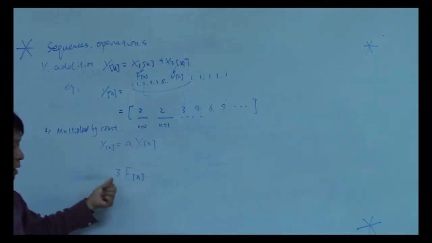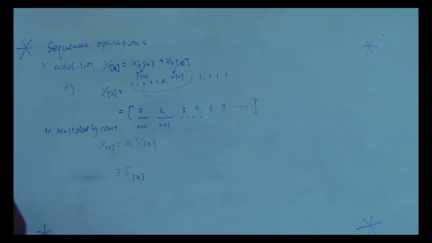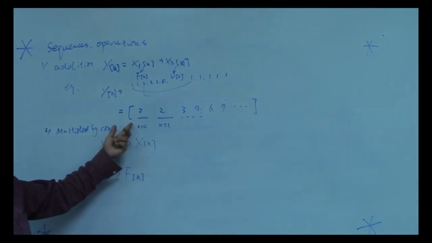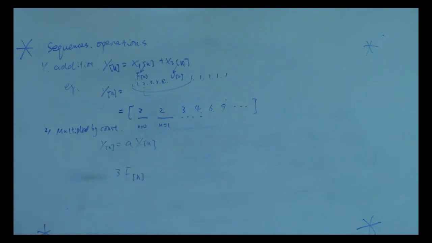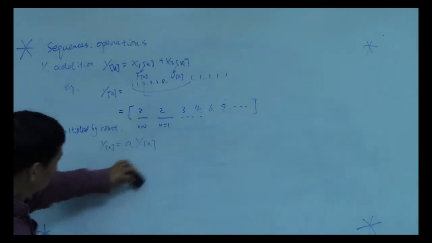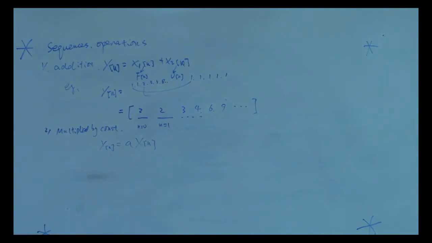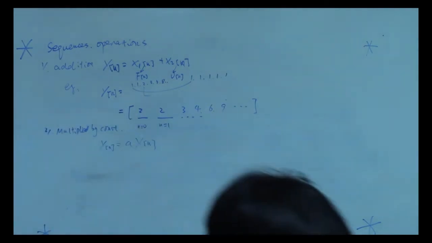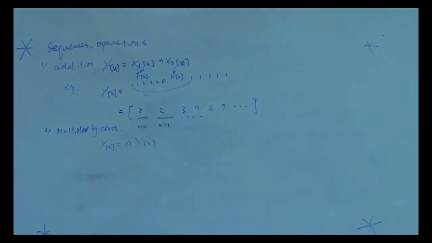So multiply by a constant means multiply this constant to each of the terms. Add means you just add the corresponding terms. Okay? Any questions on this?